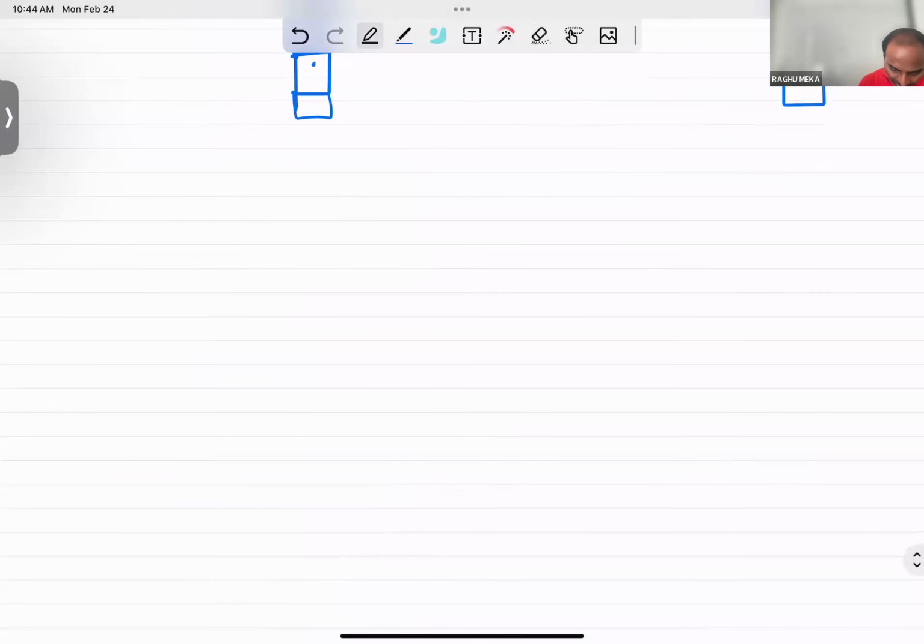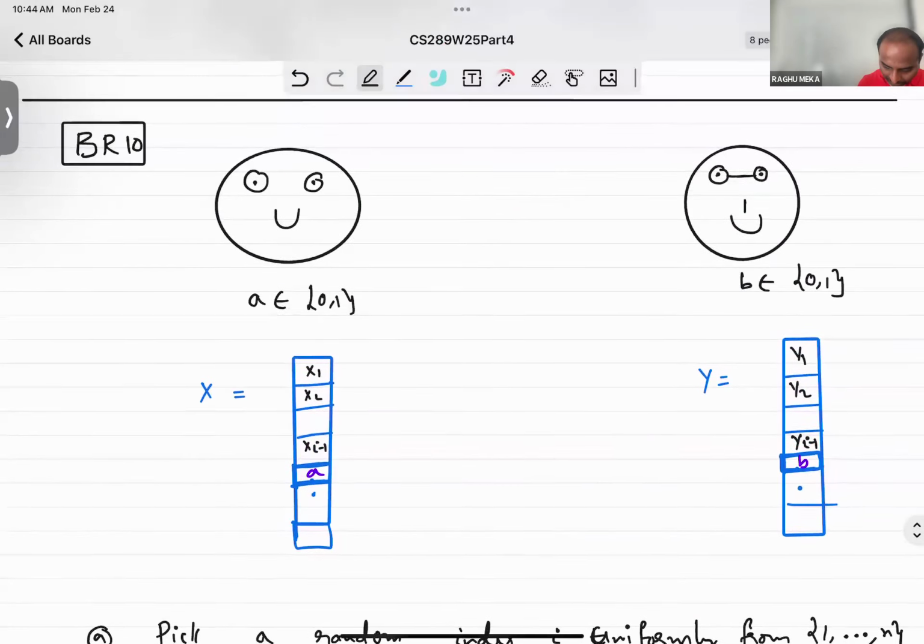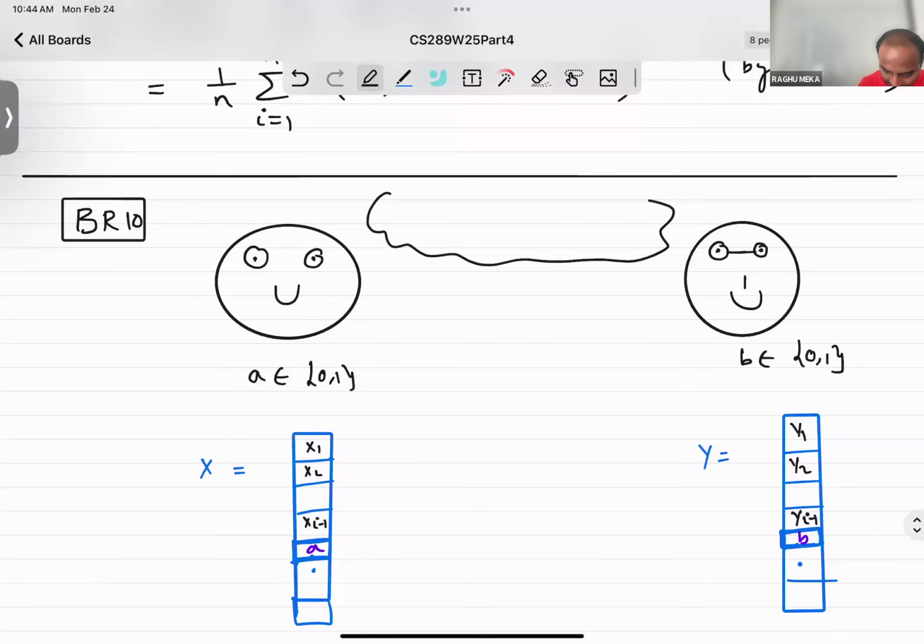Right? So the first step is going to be the same. Pick a random index I uniformly from 1 through n. So if you think of this as the public randomness cloud that both of them see, okay, so this is the public randomness.